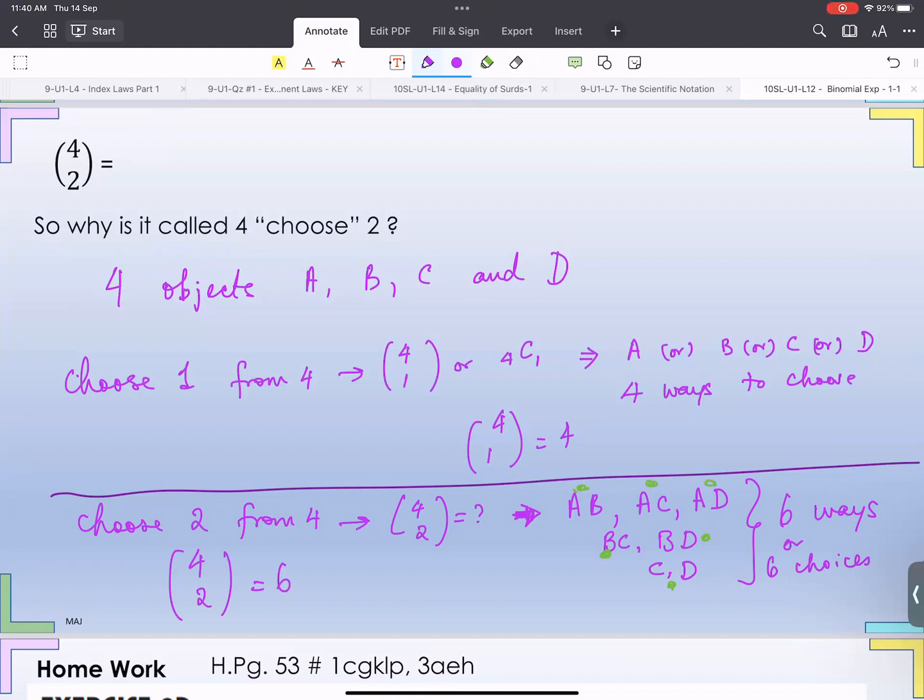Now, what if you had 32 objects and you had to choose 7? Certainly, we are not going to be drawing Pascal's triangle up to 32 rows. We can use a calculator. Most scientific calculators will have this, including your TI Inspires.